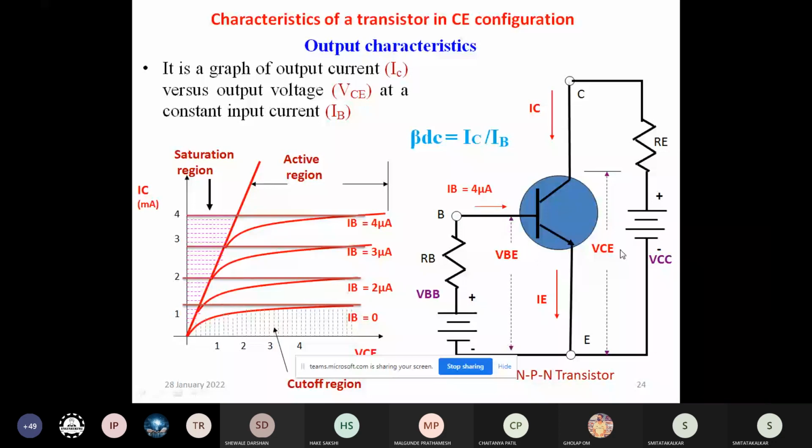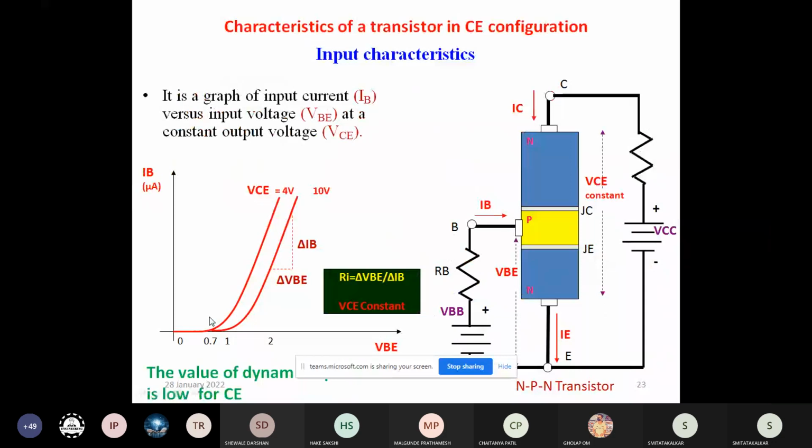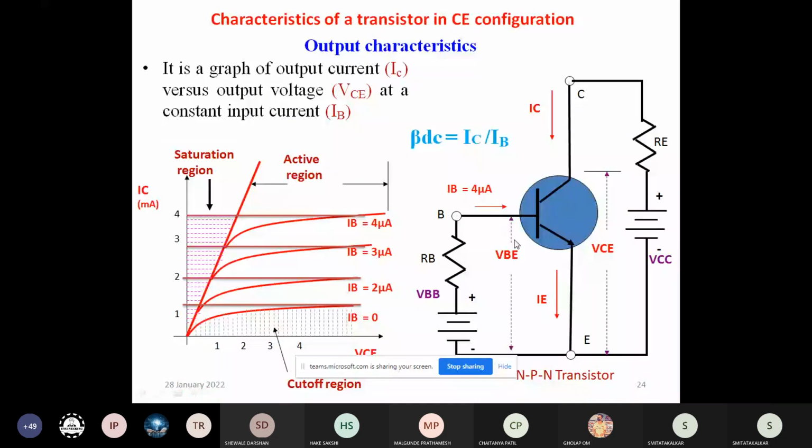If the input voltage VBE is 0.7 volt, the transistor goes on in forward bias.